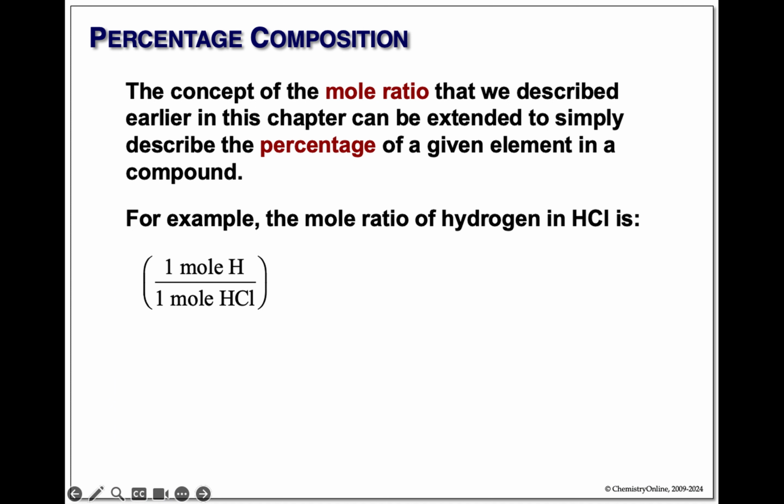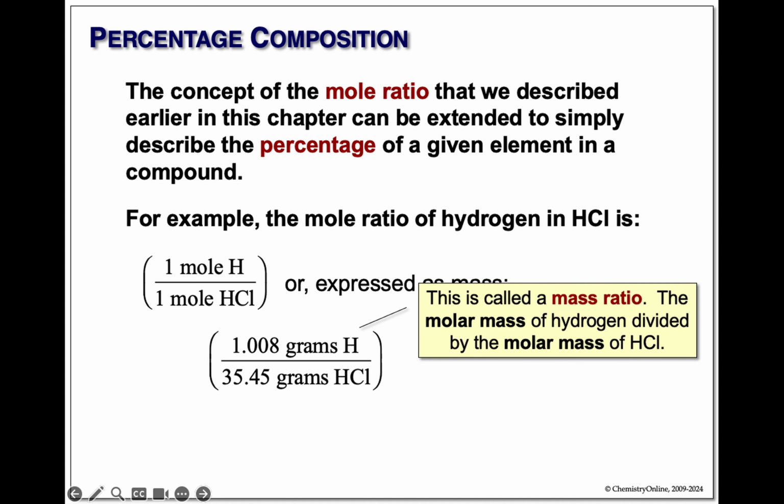Because we know 1 mole of hydrogen, right here, has a mass of 1.008 grams. We can figure out the molar mass of HCl, that's that plus 35.5. We get 1 gram of hydrogen over 1 mole of HCl expressed as mass.